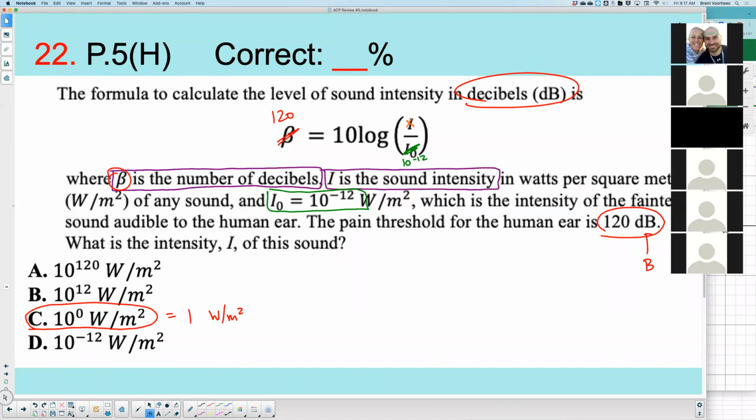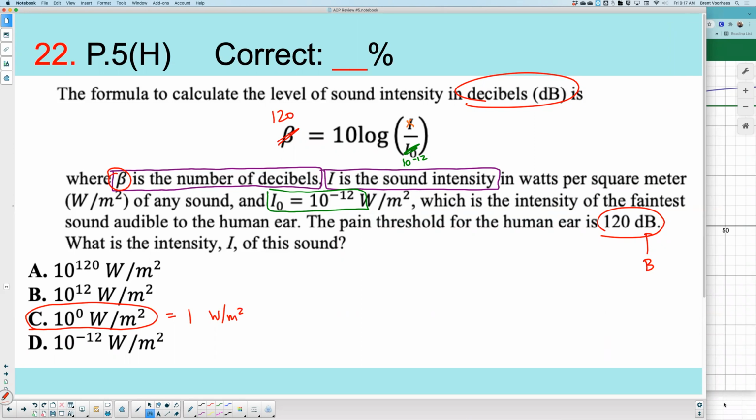With a negative 12, it's like 1 trillionth, like your bank account. It would be a decimal point, a bunch of zeros, and the 12th digit would be that 1. And 10 to the 120 would be like 120 zeros, basically infinity. So that's how those numbers work.